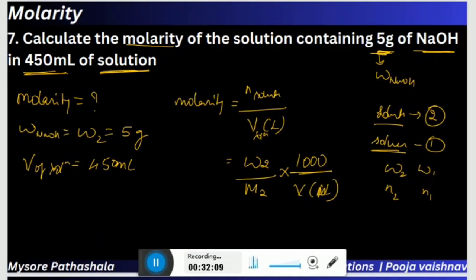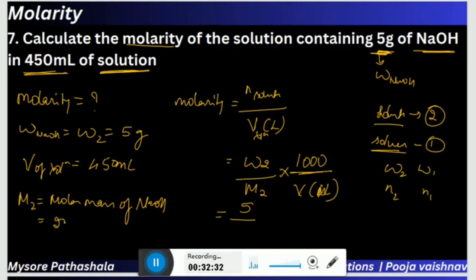So if we substitute now W2 5 gram, M2, where is M2? M2 is the molar mass of NaOH. We can find out that, right? M2 can be found as the molar mass or molecular mass of NaOH. So what is the molecular mass of NaOH?